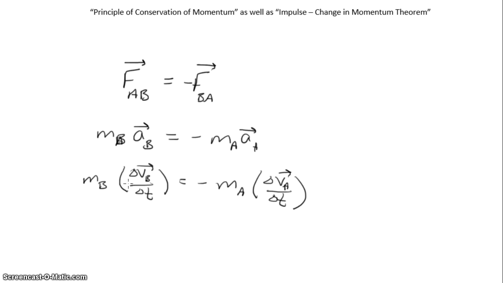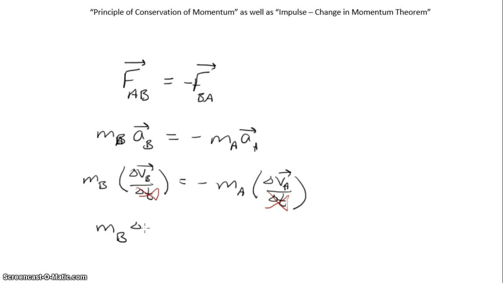That says the mass of B times the change in velocity B over time equals the opposite of the mass of A times the change in velocity of A over time. All three of these statements say exactly the same thing: the forces are equal in magnitude, opposite direction. But now I can do a little manipulation. This time is the same as that time, so it effectively cancels out.